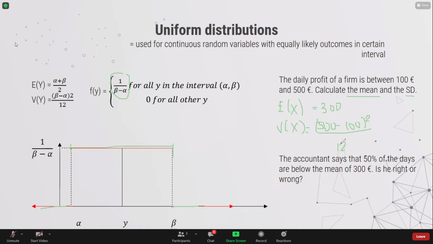If you ask me why it is 12, I'm not sure I can give you a straight explanation. It's just better to remember that this whole part is to the power of 2, and then divided by 12.